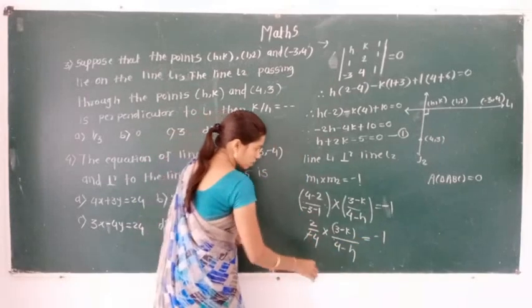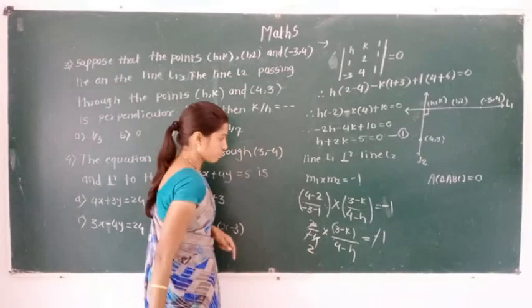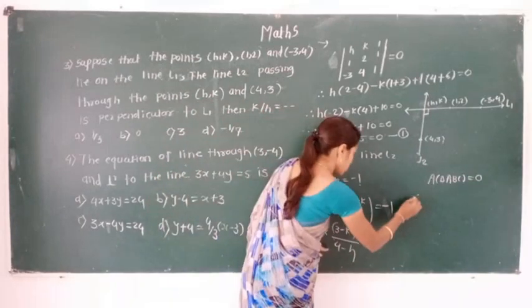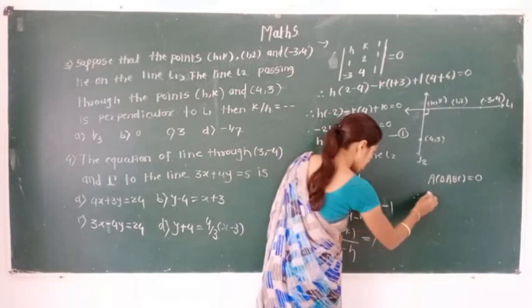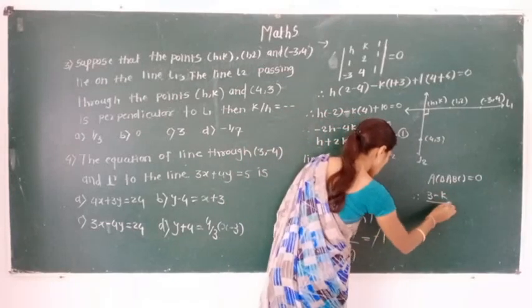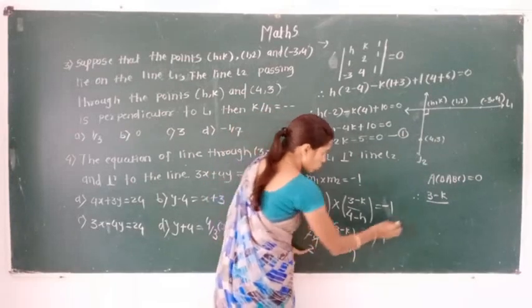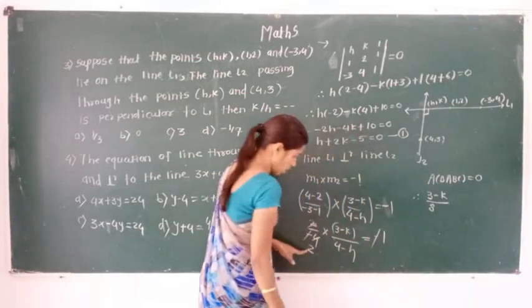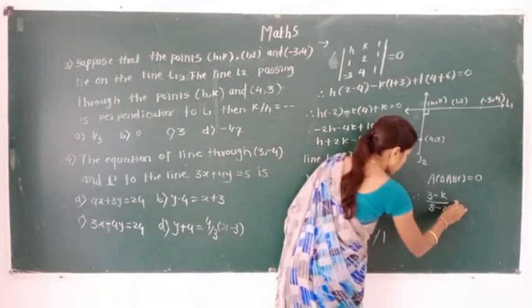This minus sign gets cancelled, and 2 2s are 4. So we get (3 minus k) divided by 2 into (4 minus h), that is 8 minus 2h, is equal to 1.